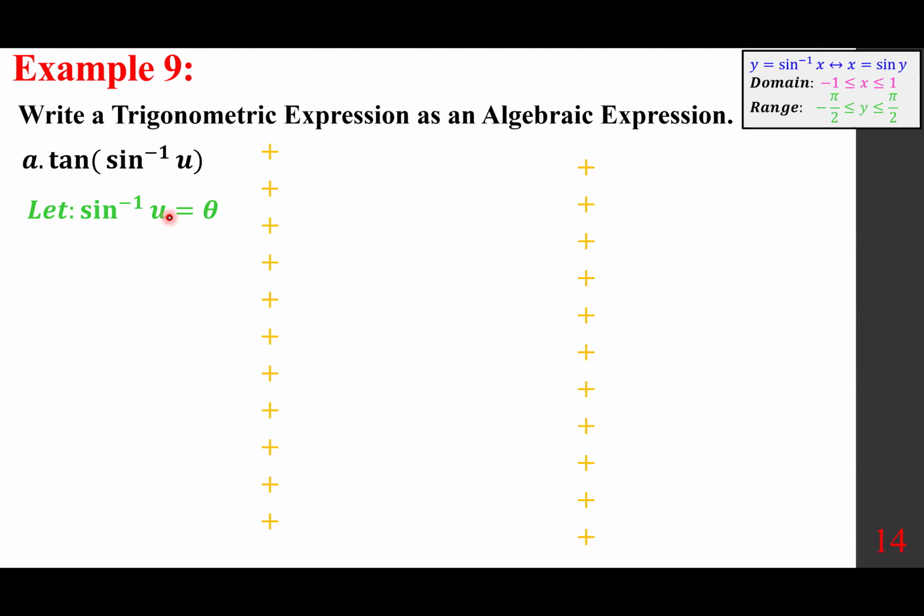And so we want tan of theta. Again, remember the restriction for sine inverse is negative pi over 2 to pi over 2. That's the restriction we put on the sine function.